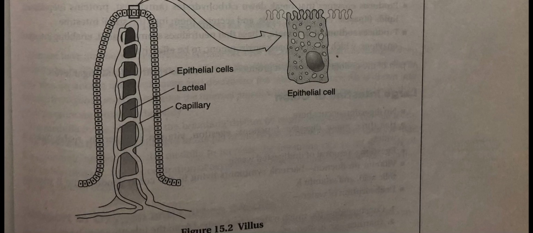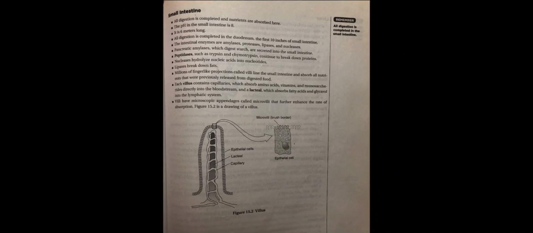Here there are epithelial cells, the lining cells, which should be epithelial because epithelial cells have thin membranes. Capillaries absorb nutrients and carry nutrients into the bloodstream. This is regarding the small intestine.